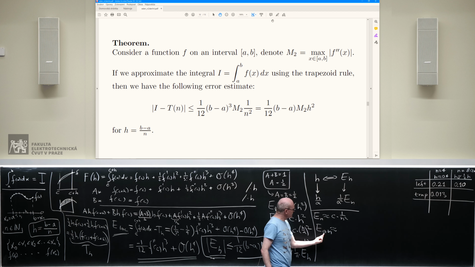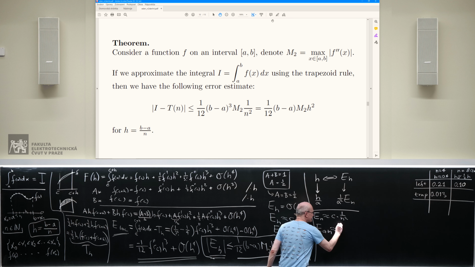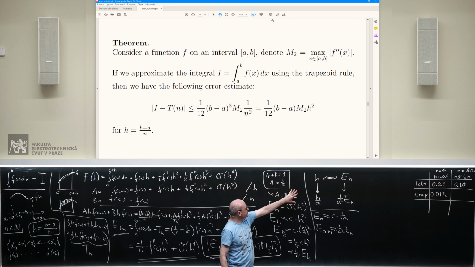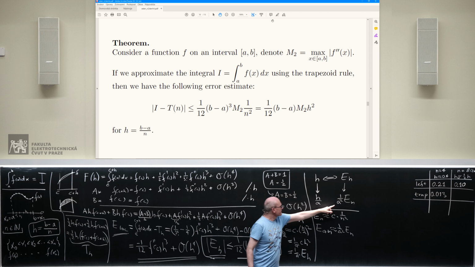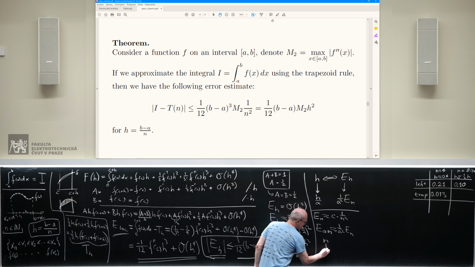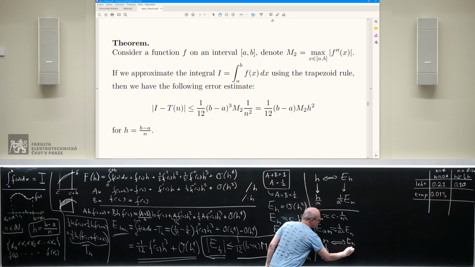Instead of n, you put a times n and you factor out, and you get 1 over a squared times E_n. So this would be like an inverse proportion, but not with the constant, but with the constant squared. Okay, so I could make a picture like that. n, a times n, and the error E_n changes into 1 over a squared E_n. So that's another picture that's possible.